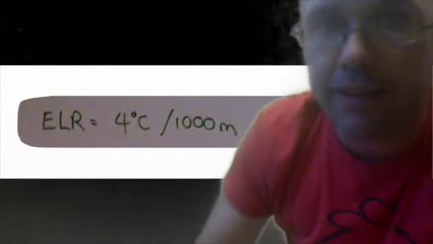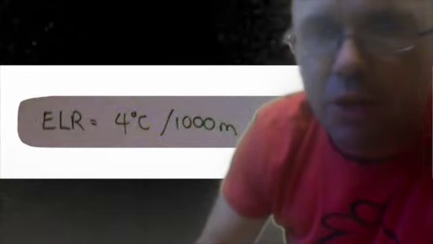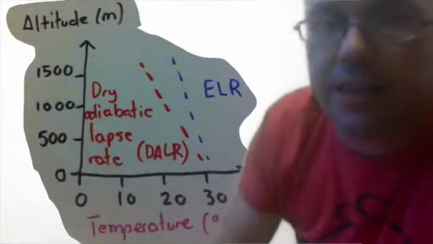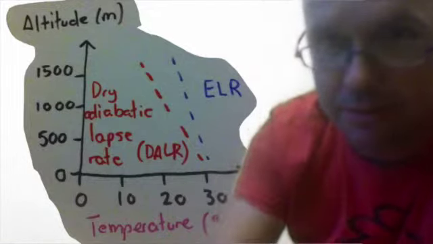Now remember that the environmental lapse rate is only about maybe 2 degrees every 500 meters or 4 degrees every 1,000 meters, to put things into perspective, which means that this dry parcel of air that's rising is cooling faster than the environmental lapse rate.